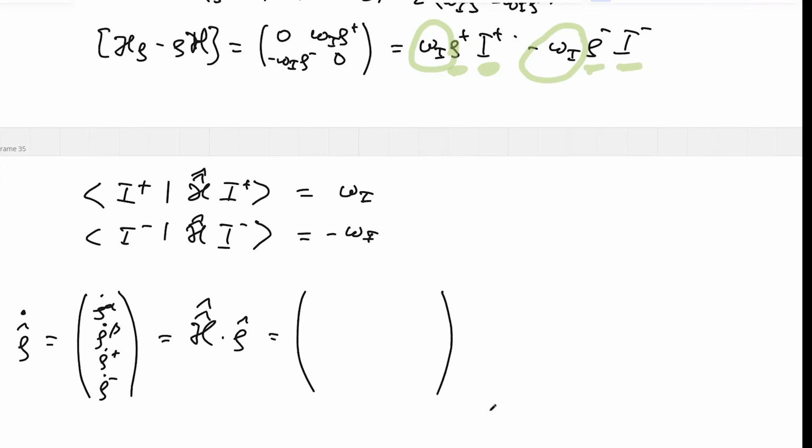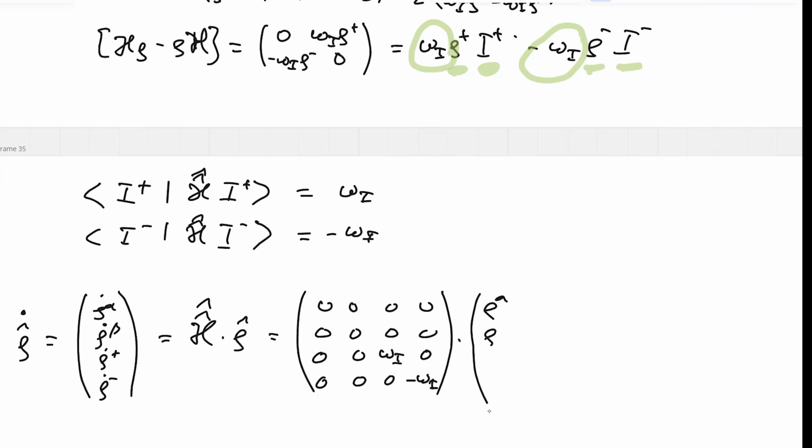And the matrix has only two elements that are non-zero, and this is omega I and minus omega I. All the others did not give any result in the calculation. And here, of course, we have again the rho alpha, rho beta, rho plus, and rho minus.